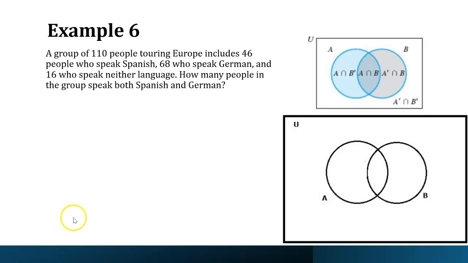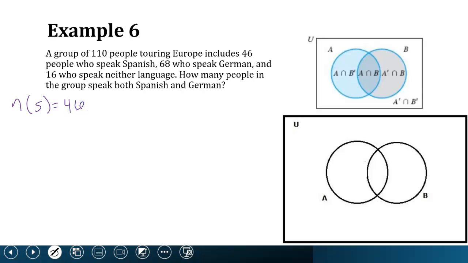All right, so a group of 110 people touring Europe includes 46 who speak Spanish. So the number who speak Spanish is 46. We'll use S for Spanish, 46. Then the number who speak German is 68.